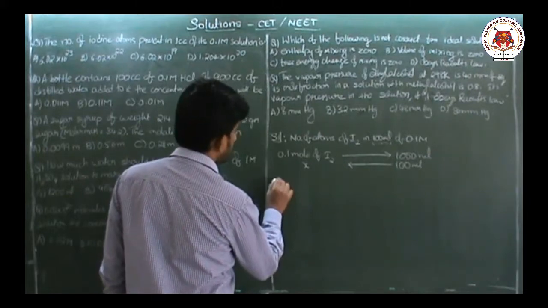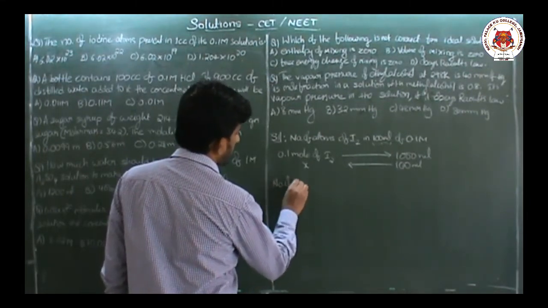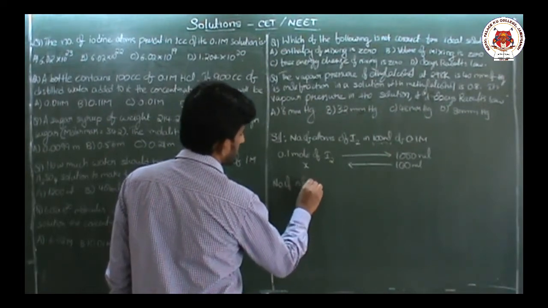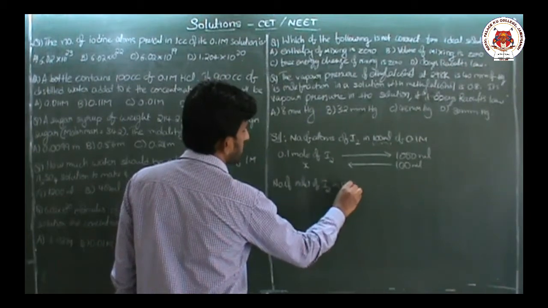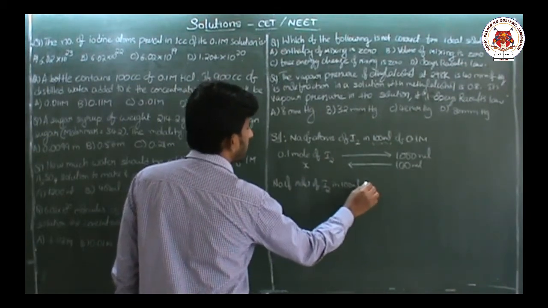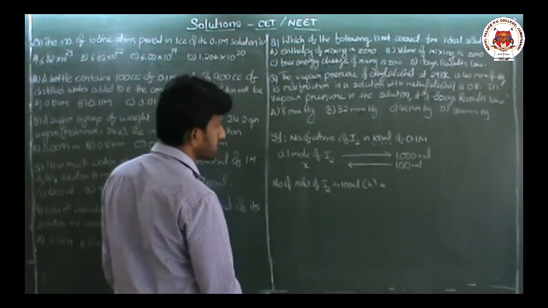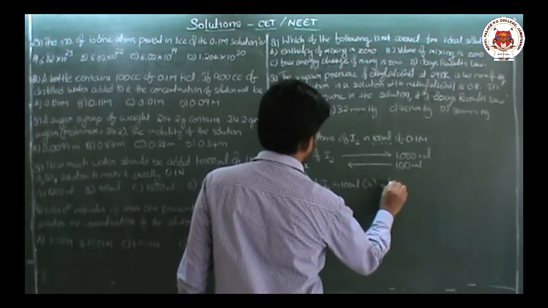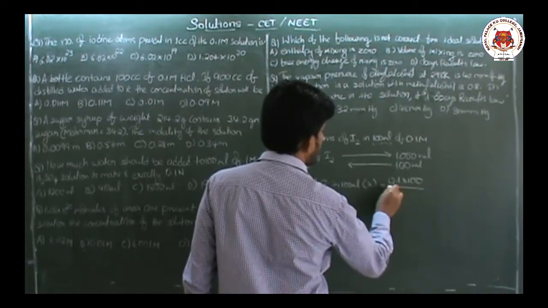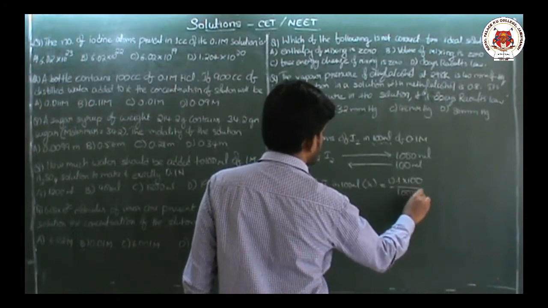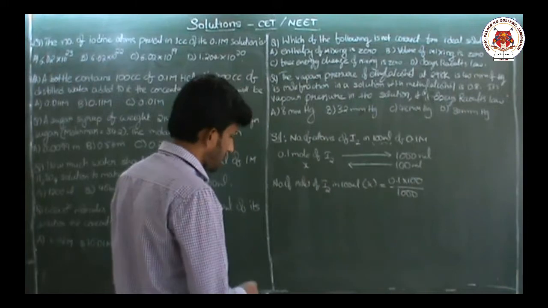So I can write like this: number of moles of I2 in 100 ml of this solution, x, is equal to 0.1 into 100 divided by 1000.